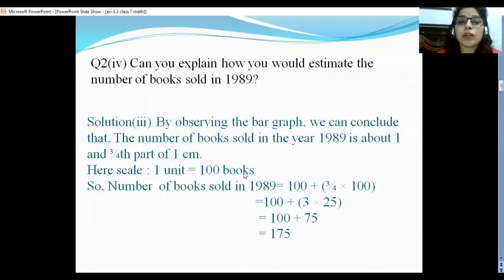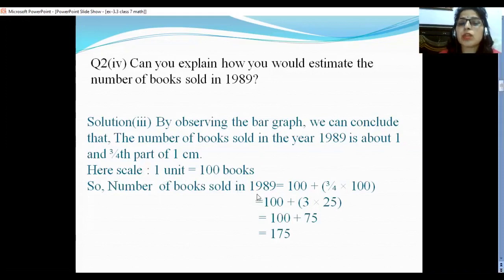So you can see the one unit from 0 to 100 is 100 books, one unit. So one complete box is there, and the second box is not complete, it's a 3/4 part of it. So according to the scale they have mentioned, one unit is equal to 100 books.